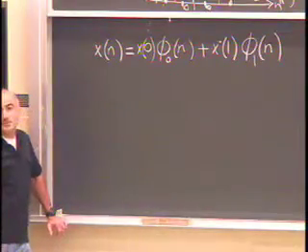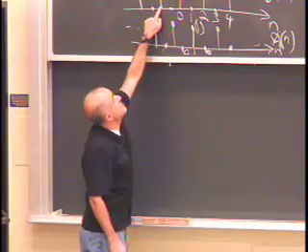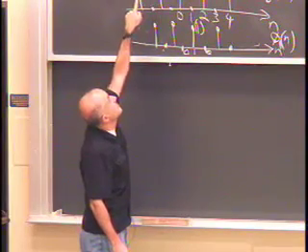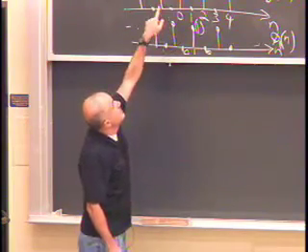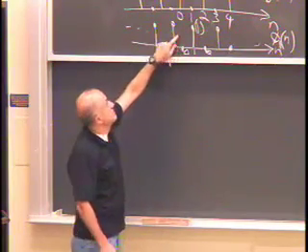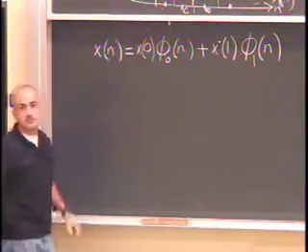You agree? I take a linear combination of these two impulse trains. I scale the first one by 1, which is x0, and I scale the second one by x of 1. And I combine these, and I get my signal.